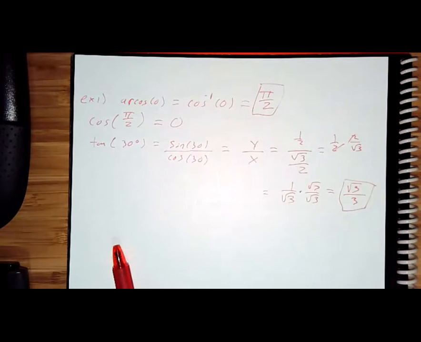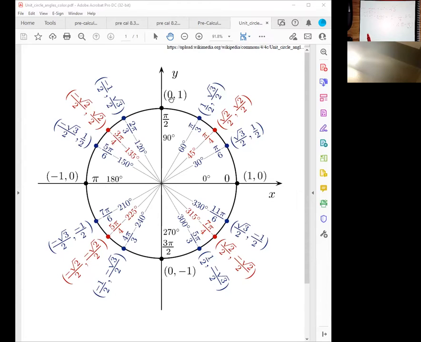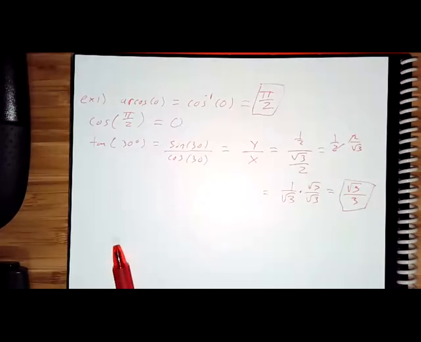Looking at our circle, arc cosine of 0 is going to be pi over 2. Basically that means, what angle gives me an x value of 0? If I did arc cosine of 1/2, that happens at pi thirds. That's the location where it gives me an x value of 1/2. So we're just doing it backwards.